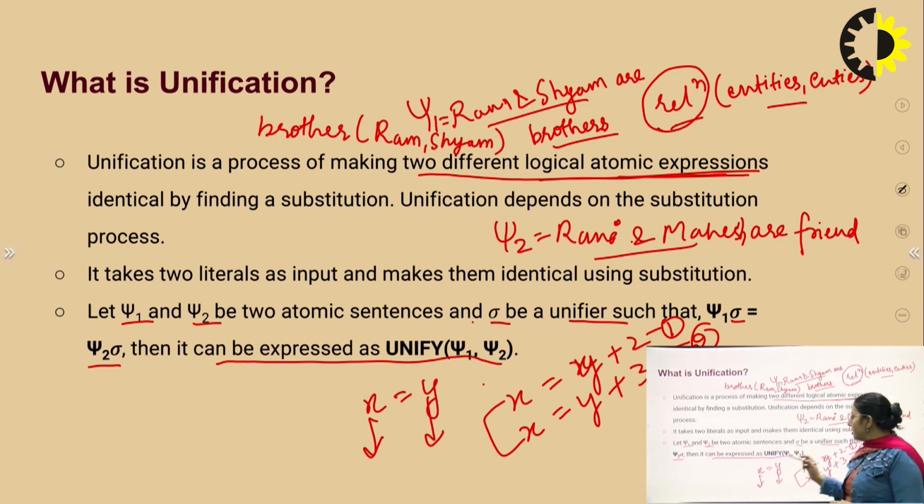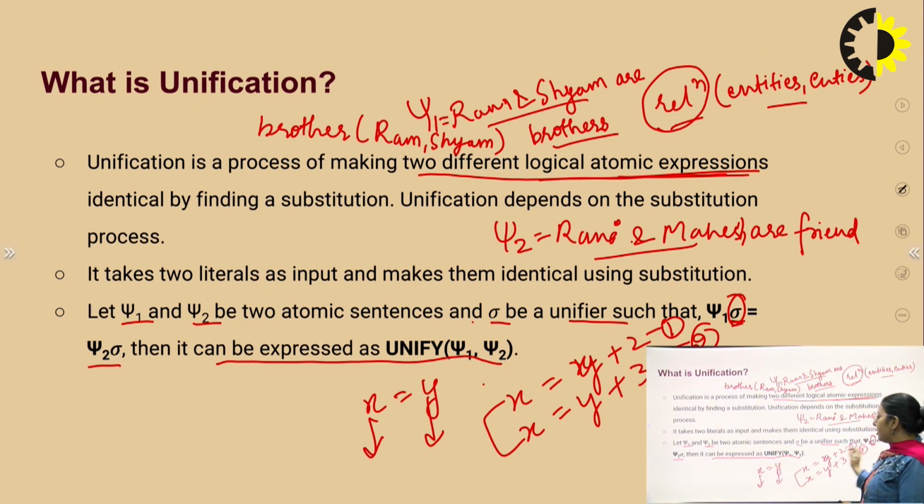This sigma is some value that we place either in the first expression or in the second expression to make them identical. In some cases we substitute the value in the first expression, and in some cases we write the substituted value in the second expression.